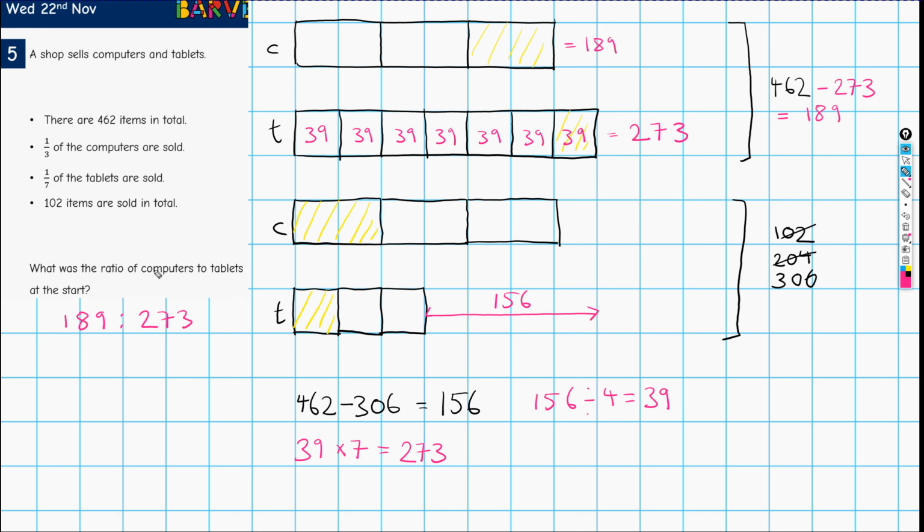What's the highest common factor that you could divide these two by? That happens to be 21. So I'm going to divide by 21, which is going to lead me to a final answer of 9 to 13. That is our final answer.